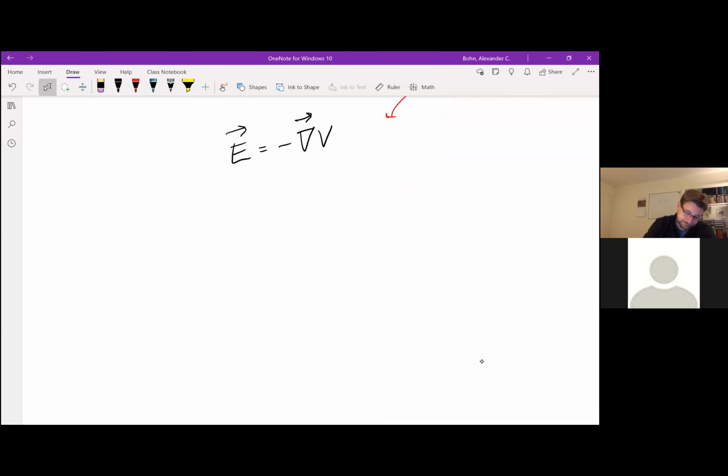We said just recently that Gauss's law lets us talk about the field in terms of a scalar. And the same is true here.